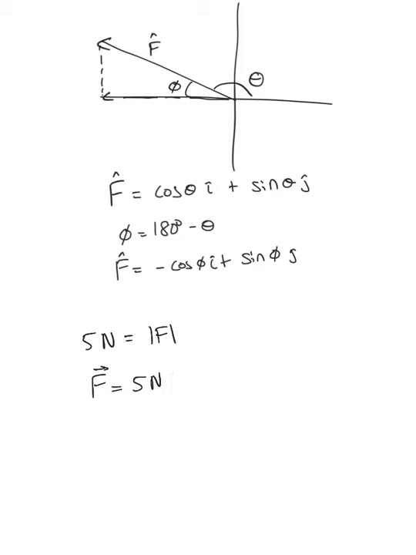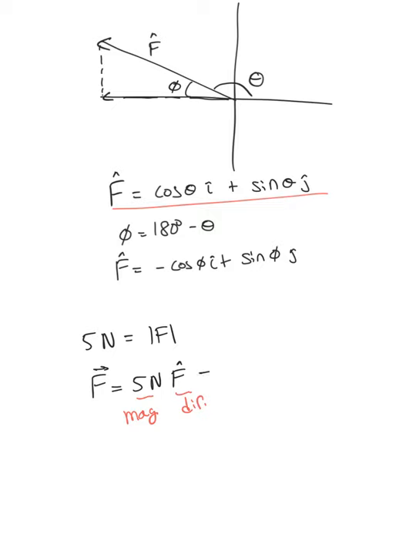That is to say that I'm writing a vector which has a magnitude of 5 newtons and a direction that points in the direction of f hat, where the components of f hat are given by my cosine theta i hat plus sine theta j hat. So I am writing the F vector in terms of a magnitude multiplied by a direction, where the magnitude and the direction are separated from one another.